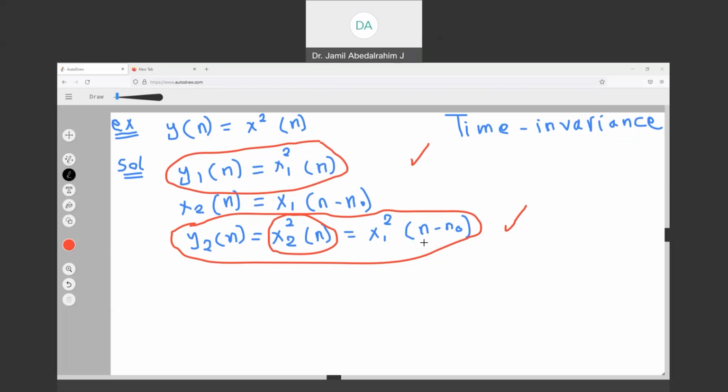Now I need to check the first equation with a shifting by n naught: y1 of n minus n naught.